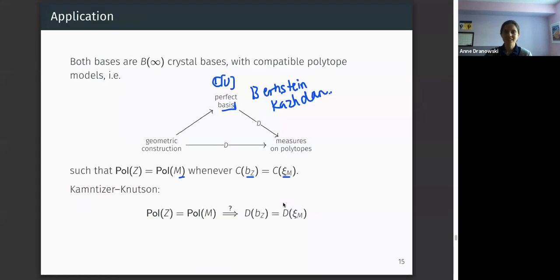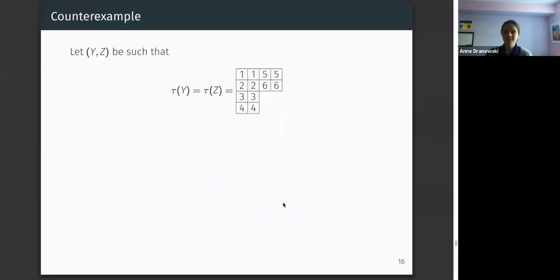Okay, so the answer is that the polytope model does not remember extra information, and there is a counterexample. And this is our contribution to this question, using the description of generalized orbital varieties and using the fact that these map into MV cycles and can be used to find equations of MV cycles.